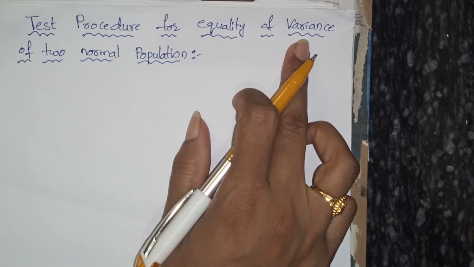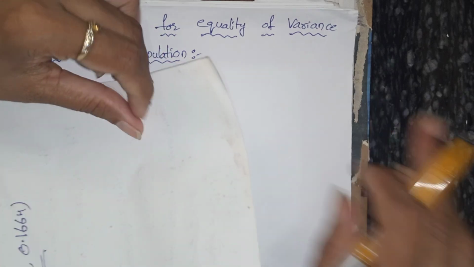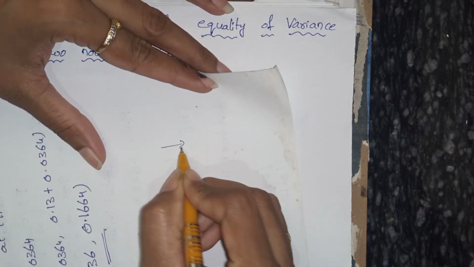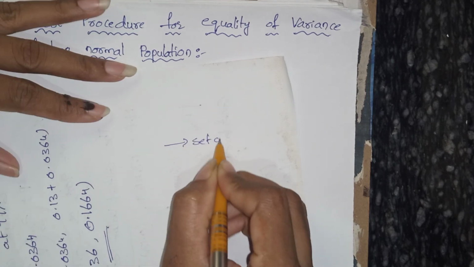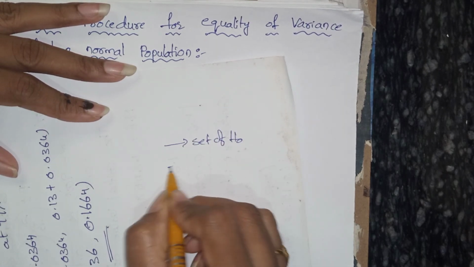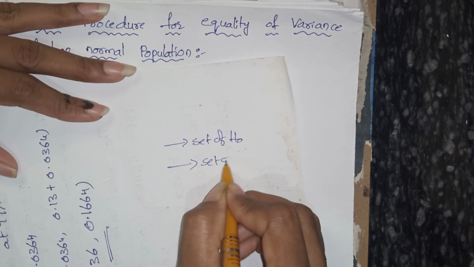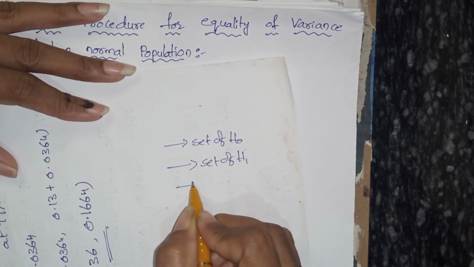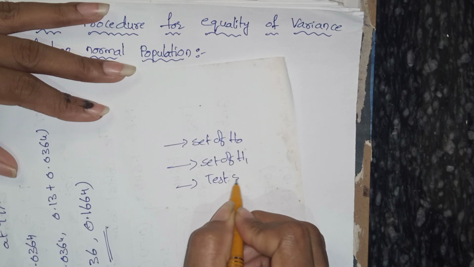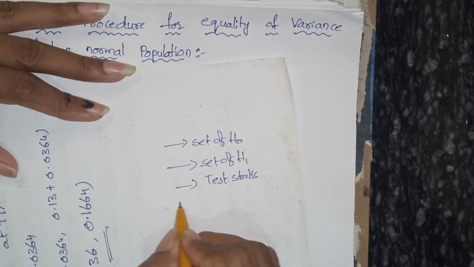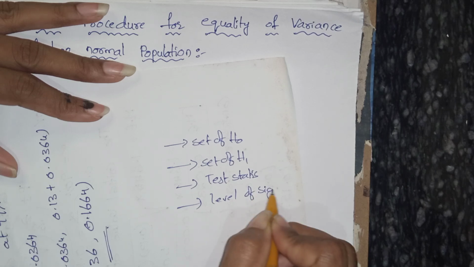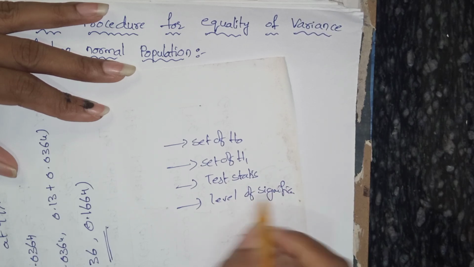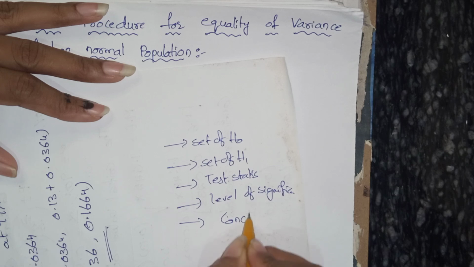Whenever we want to test a hypothesis, we follow some steps. The first one is to set up the null hypothesis, H naught. The second is to set up the alternative hypothesis, then the test statistic, level of significance, and the conclusion.